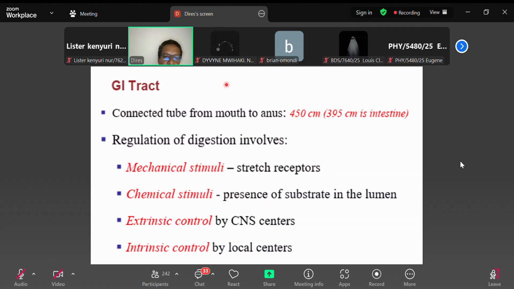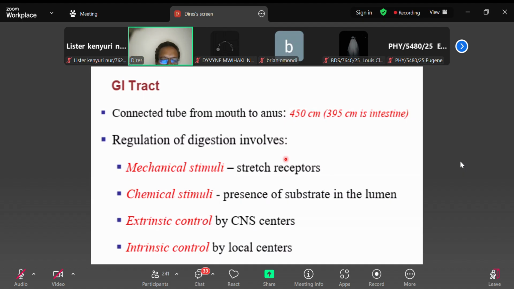Okay, good. What I'm saying is the GIT has its own mini brain called ENS, the enteric nervous system. So the GIT has intrinsic control; it controls its activity on its own, but it is under extrinsic control by the brain or CNS, the central nervous system, brain and spinal cord.